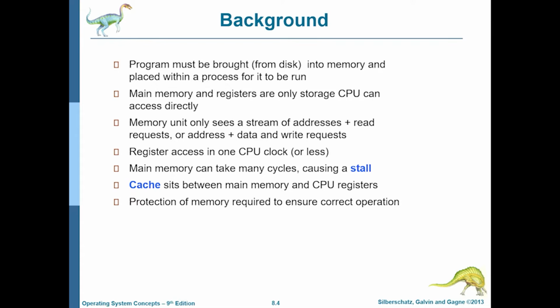When registers are accessed by the CPU, that can be done in a very speedy manner. Usually within the same clock cycle, the CPU can access one or more registers and work on them. But when it needs something from the main memory, that cannot be done so fast, because the address needs to go to the memory unit, and the memory unit then gives it to RAM, the dynamic memory that you have.